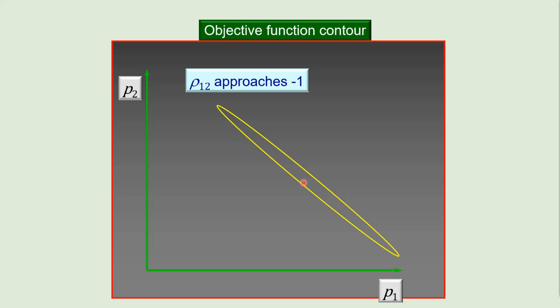And the methodologies which we are discussing in this video rely on being able to invert a matrix, as we have discussed, and that matrix cannot be inverted if the inverse problem is non-unique or approaching non-uniqueness.